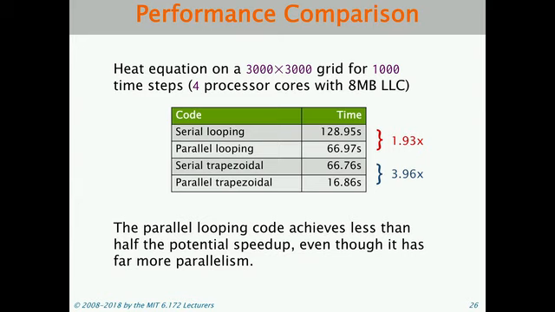So the trapezoidal code only had a little bit of parallelism, only for the space cuts. Whereas the trapezoidal code is actually getting pretty good speed up. So this is near linear speed up since I'm using 4 cores, and it's getting 3.96x speed up. So what could be going on here?